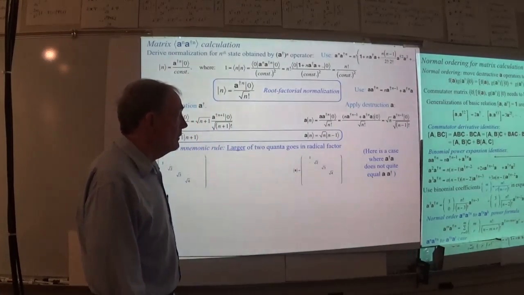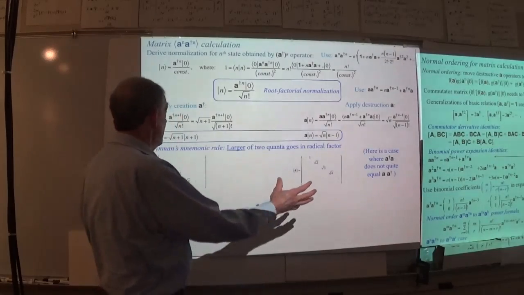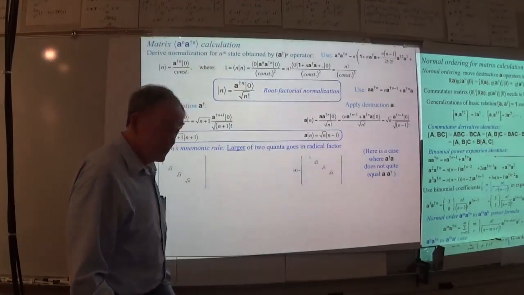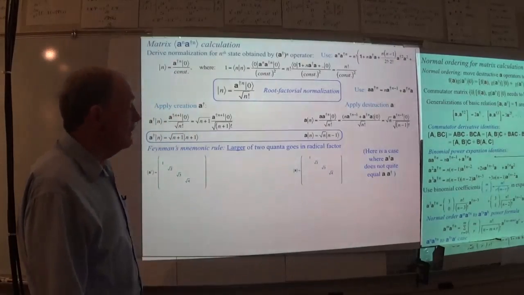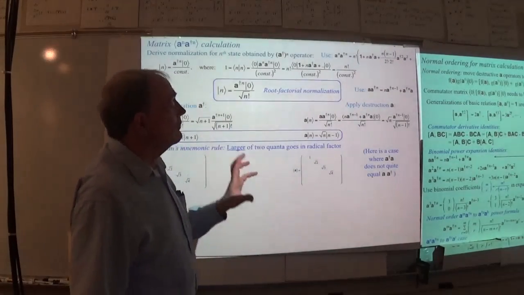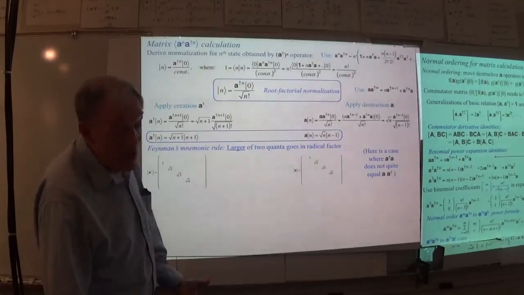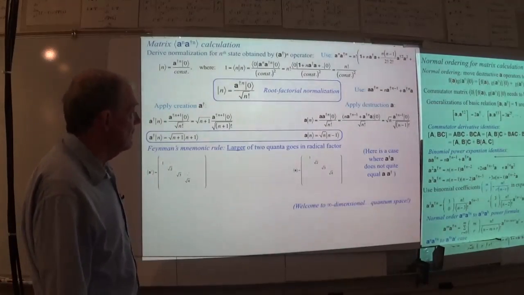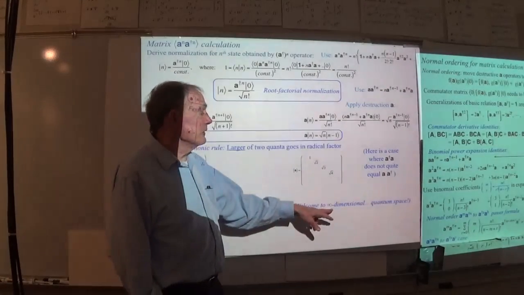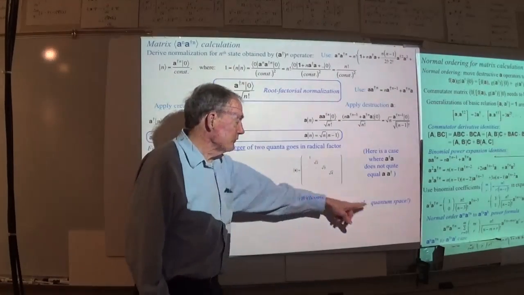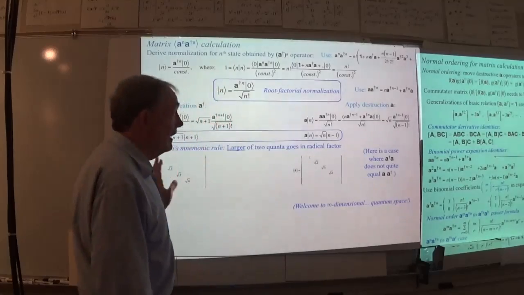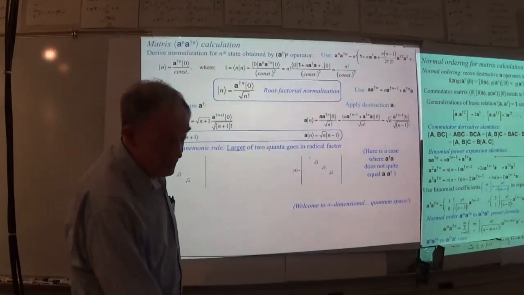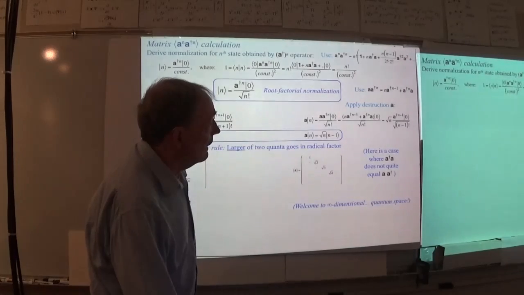So this is a situation where if I put it this way, I don't get quite the same thing as if I make a product going the other way. This is a counterexample to the unitarity. These things are not unitary operators, but they're almost unitary. Okay? Anyway, welcome to infinite dimensional quantum space, because this goes forever this way and has that problem that normally you wouldn't be too worried about.